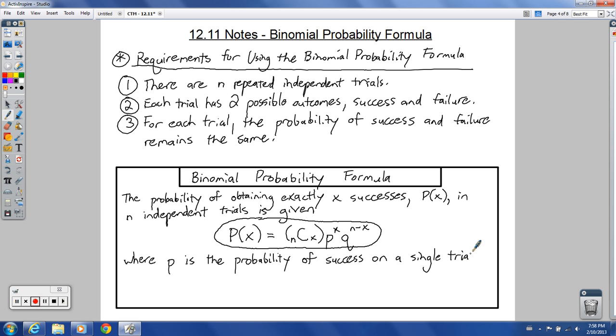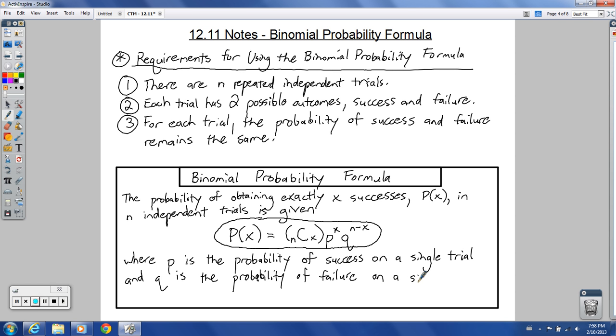So lowercase p is going to be success, and lowercase q is going to be failure. So q is the probability of failure on a single trial.